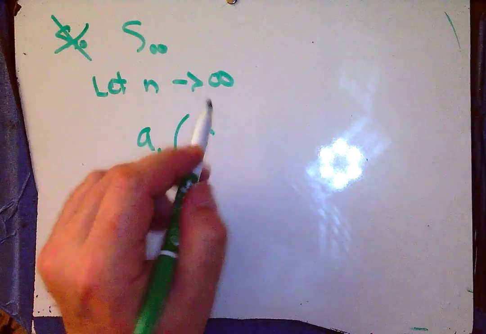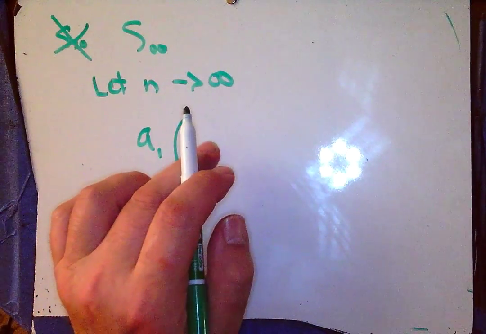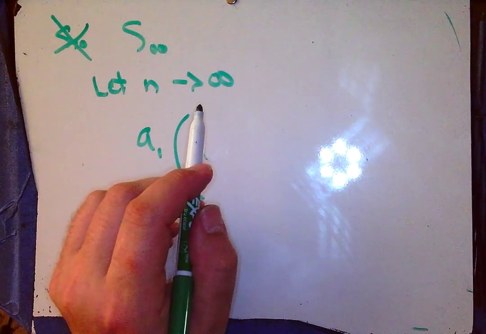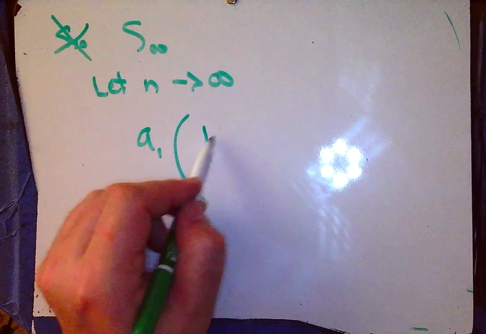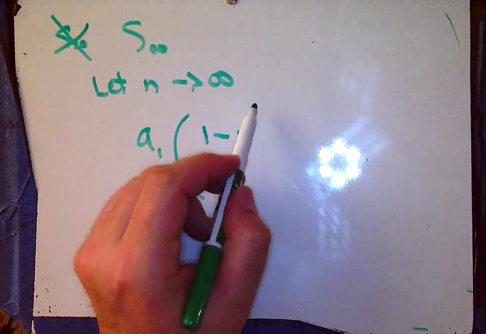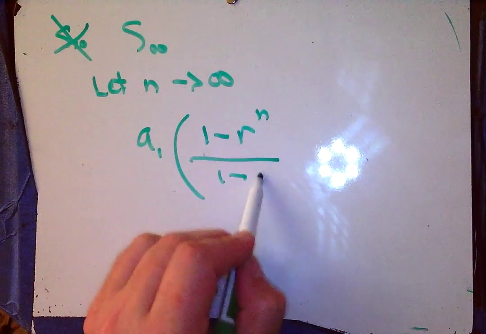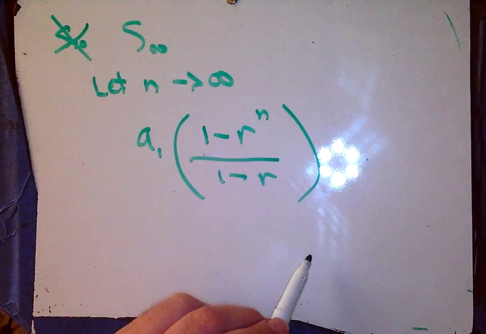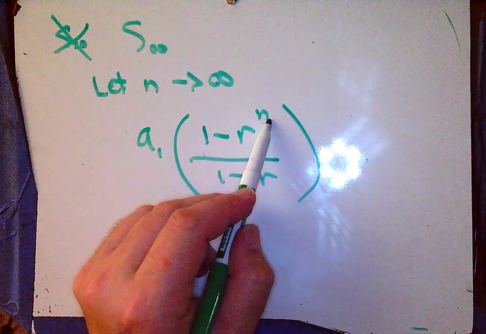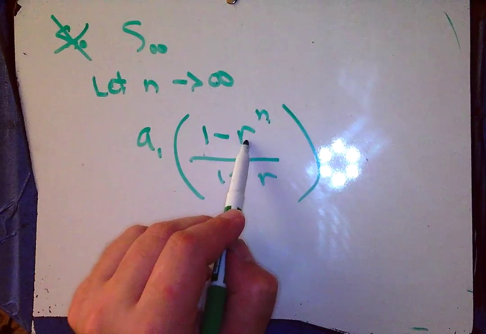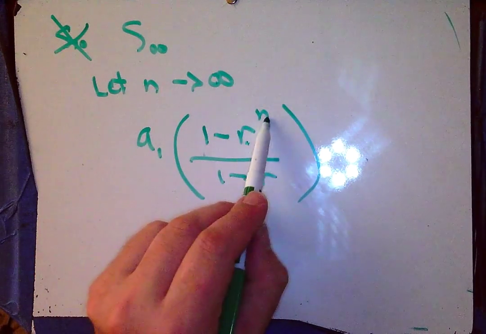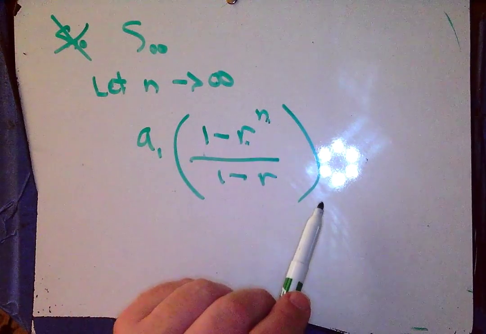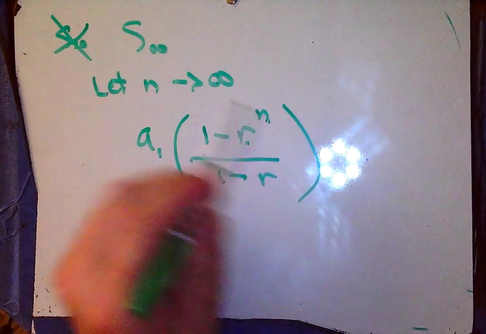In fact, I want to do that other form here. R to the n over 1 minus r. Okay, so, if I plug in an infinity here, if r is a big number, then that's a big number to the infinity. And so this is going to be infinitely large.